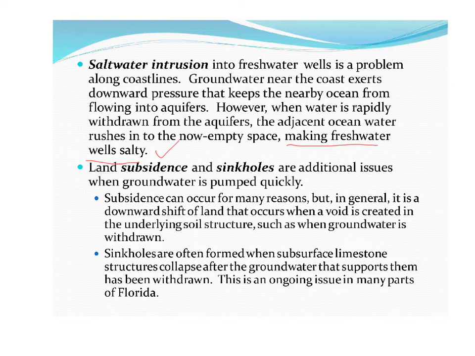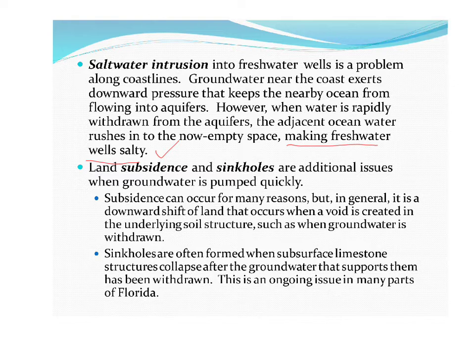Sinkholes are formed in particular soils, especially where you have subsurface limestone. This is a major problem in parts of Florida. Florida is honeycombed underneath the soil with very porous rock in limestone formations. That rock acts like a sponge. It contains a lot of fresh groundwater.